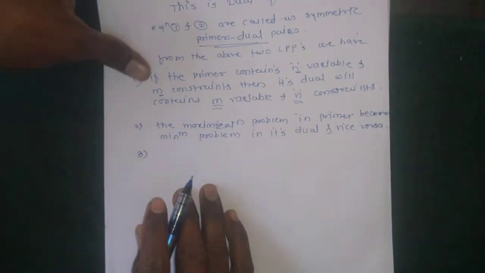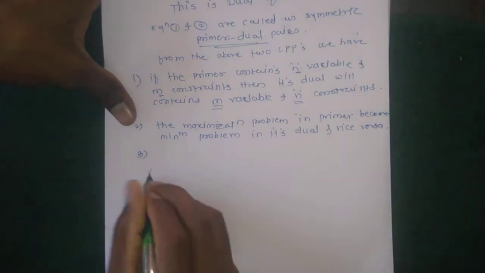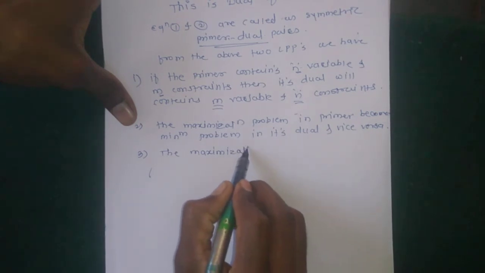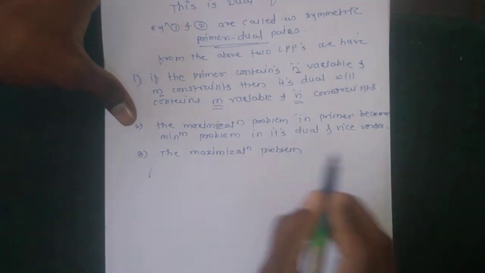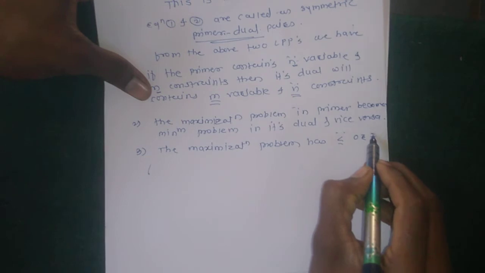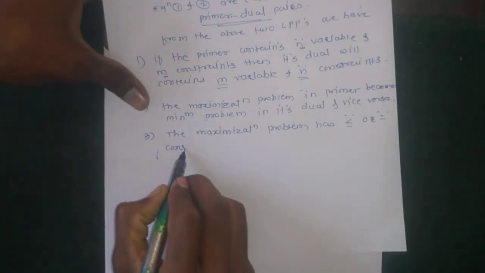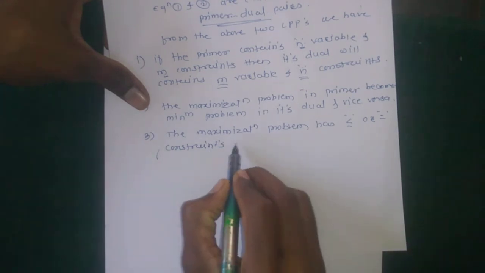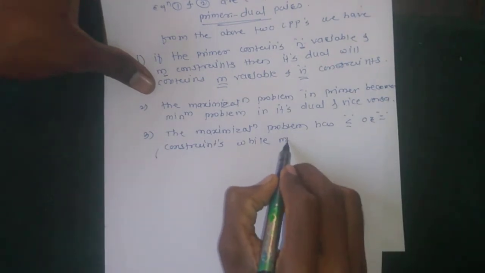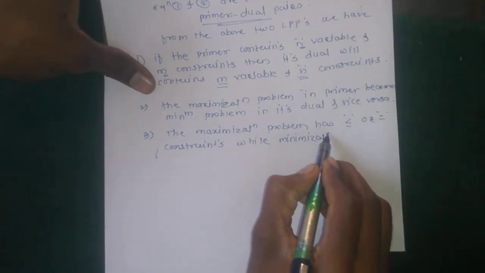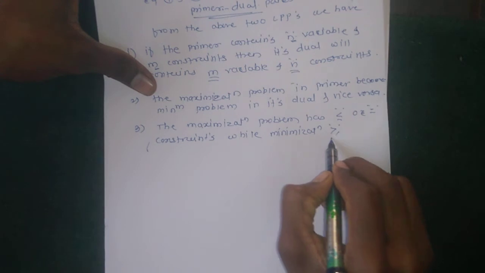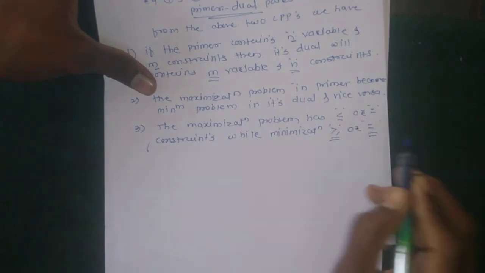Third, the maximization problem has less than or equal to constraints, while the minimization problem has greater than or equal to constraints in its dual.